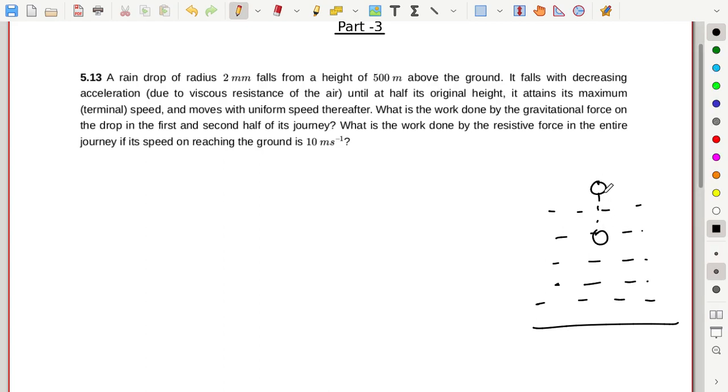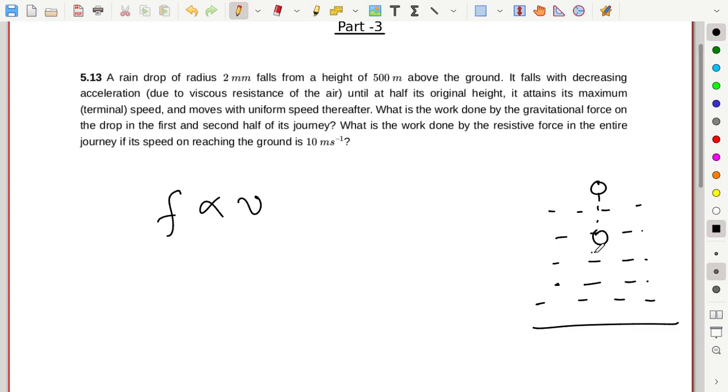If there is no air, the water drop constantly accelerates and its velocity increases. But due to air resistance, there is friction between the water drop and the air. That frictional force is directly proportional to velocity. So as its velocity increases, the frictional force also increases.